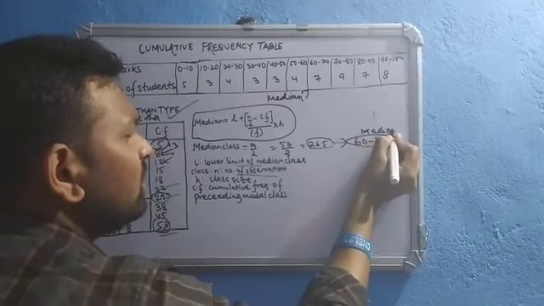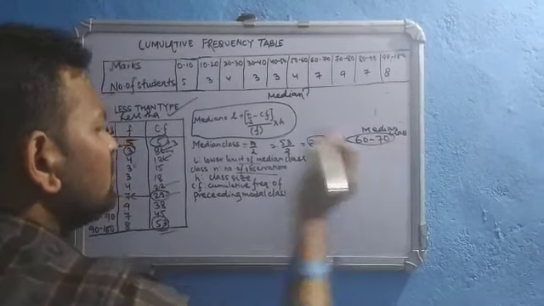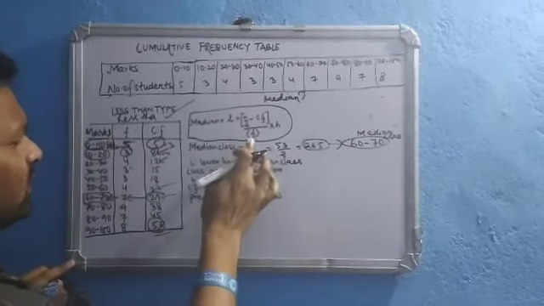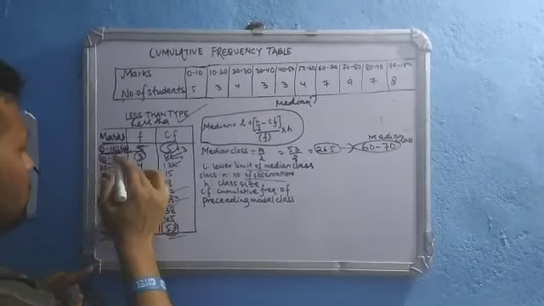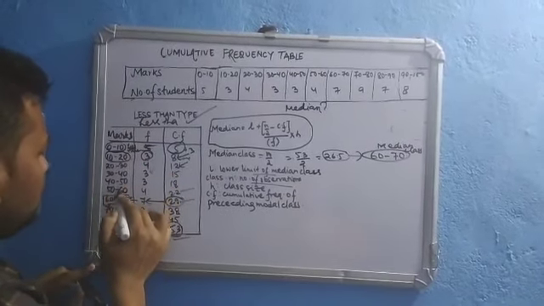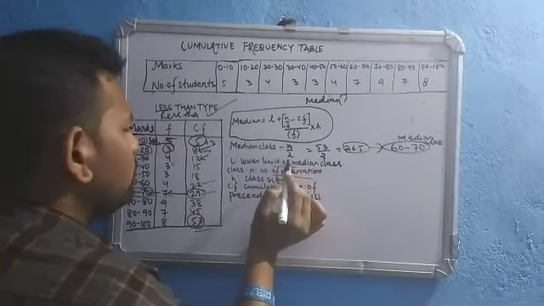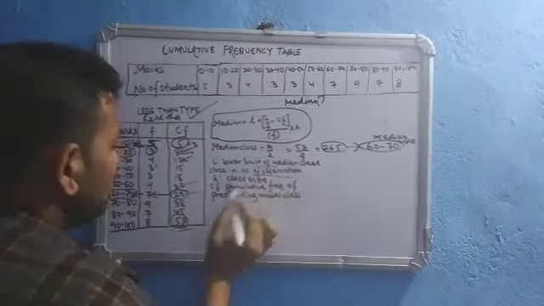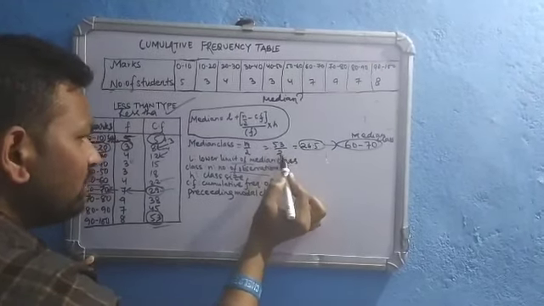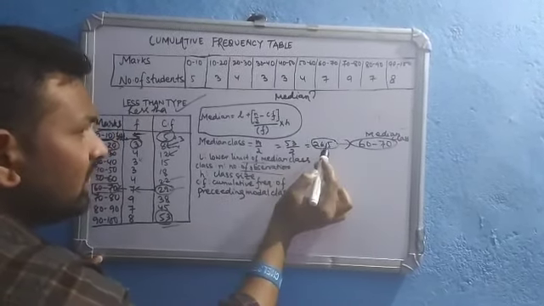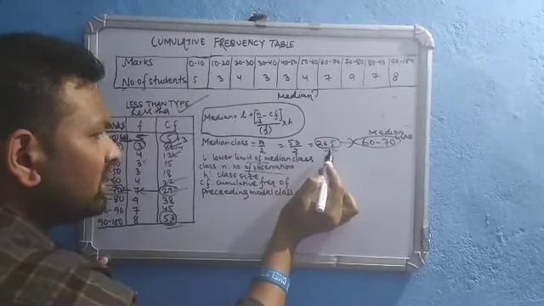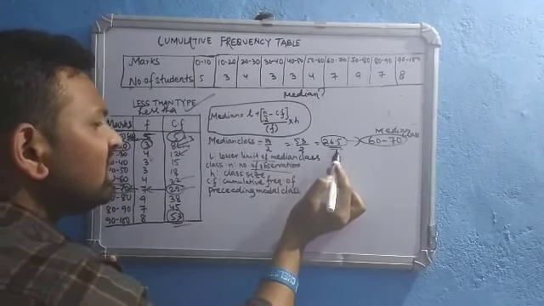Are you understanding? Median class is given by n by 2, because we have 1, 2, 3, 4, 5, 6, 7, 8, 9, 10 distributions, isn't it? N by 2 means n is 53, and 53 divided by 2 gives 26.5. You check which cumulative frequency this term is nearest to.